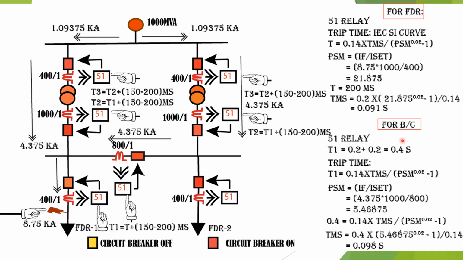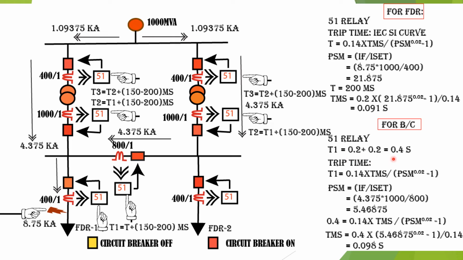Now we have to calculate the TMS setting for the bus coupler relay, which is connected to the CT secondary side of the 800 by 1 bus coupler CT. For this case, we have considered the trip time T1 as 0.2 plus 0.2. So a 200 millisecond time margin has been chosen for the bus coupler relay with respect to the feeder.